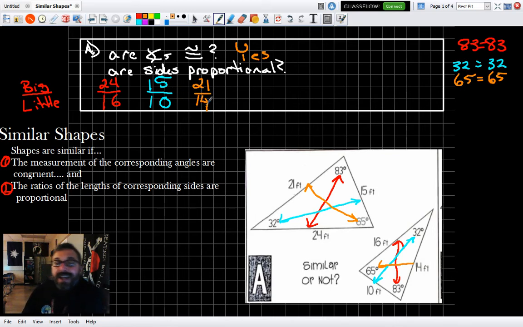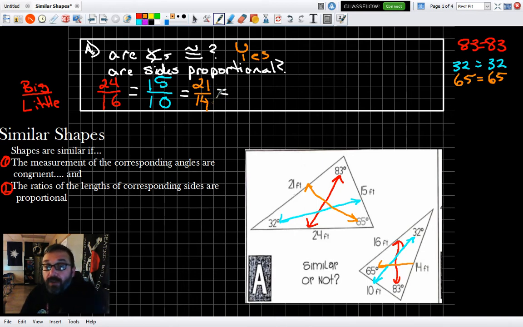Okay, now these should look kind of like fractions. They are. You might be tempted to call them fractions, but they're not. They are ratios between these two triangles, ratios of the sides. Now, the easiest way to find if they are proportional is to reduce this as if it was a fraction. So what can I reduce 21 over 14 by?